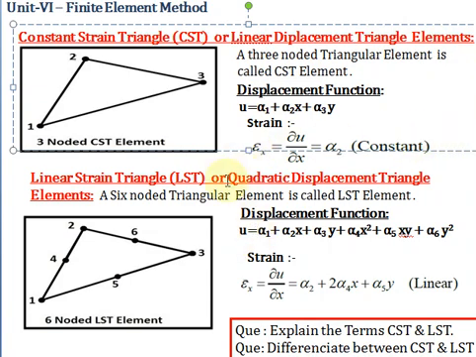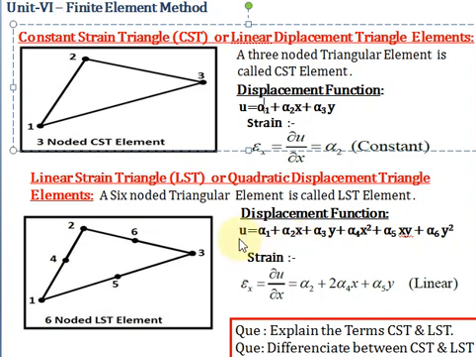Now in case of the LST element, which is called a quadratic displacement triangle, the displacement function here has 6 multiplied by 3, it is 18, divided by 3, it is 6. So there will be 6 values, which you have to take from the Pascal triangle.